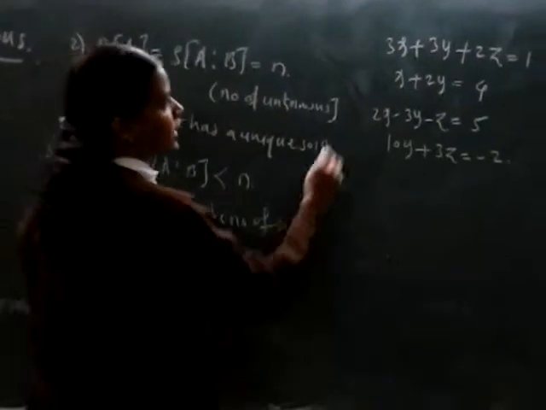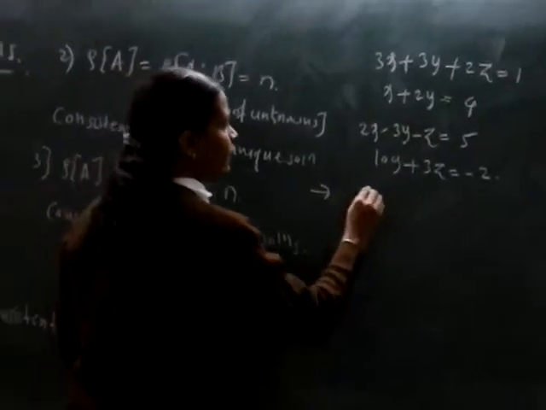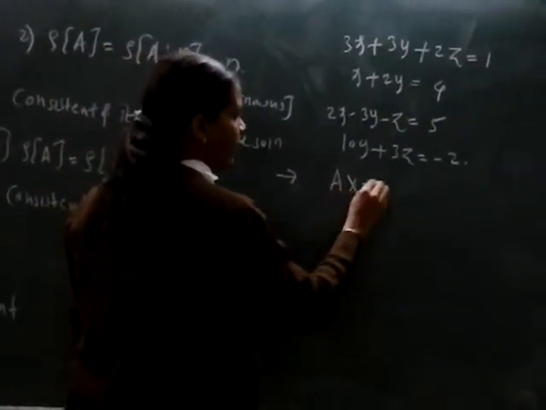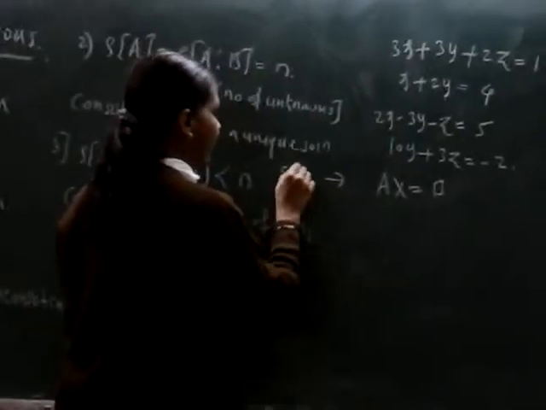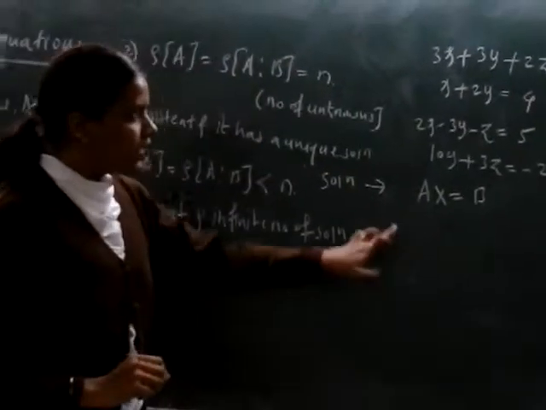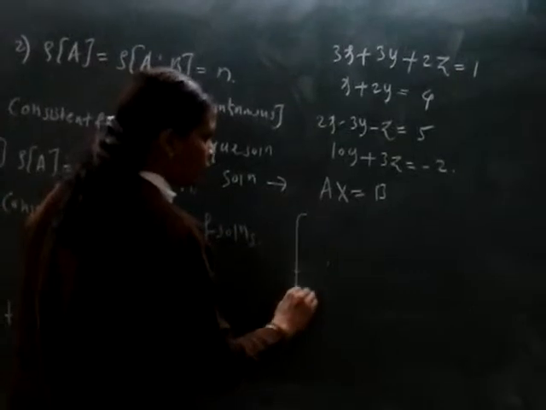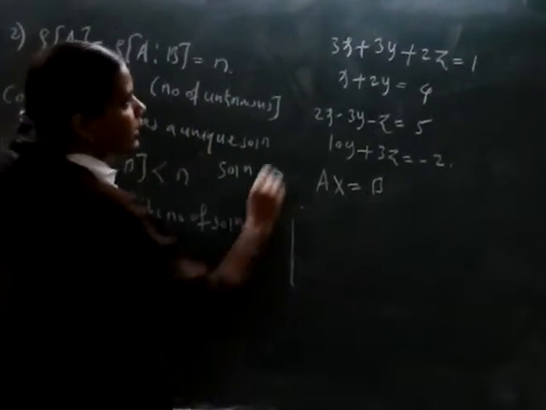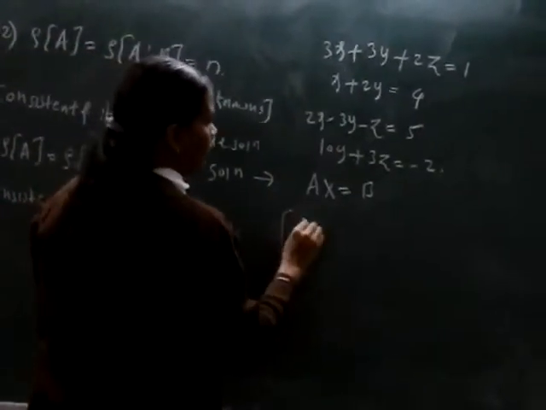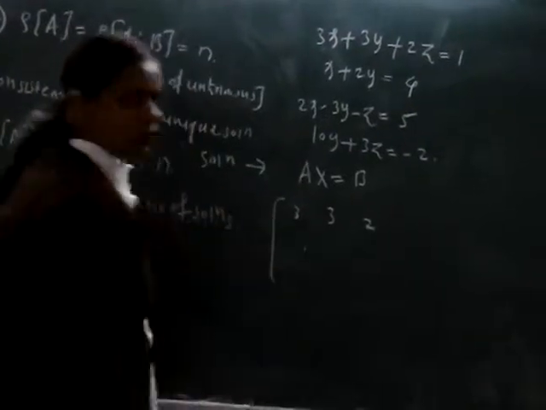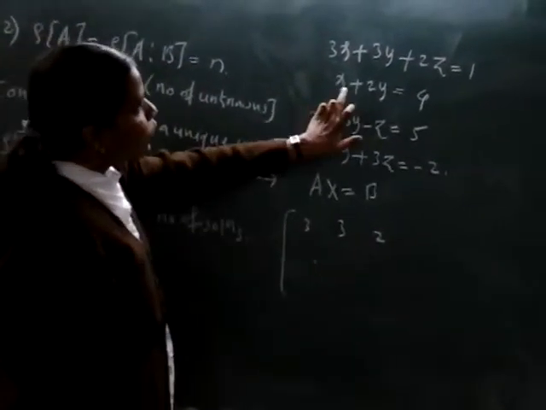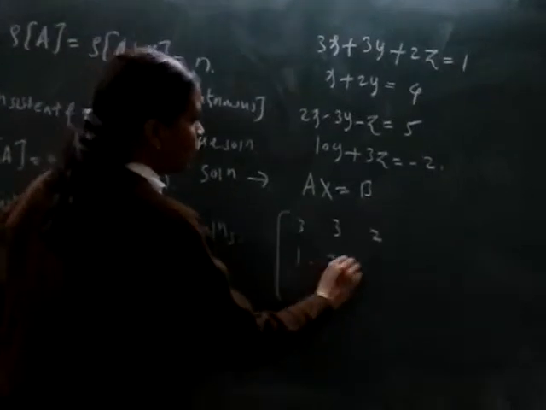Okay, first the given system of equations we are writing in the form Ax is equal to b. So matrix A is nothing but the coefficients of x, y, z. So the coefficients are 3, 3, 2, the first equation. The second coefficients are 1, 2.